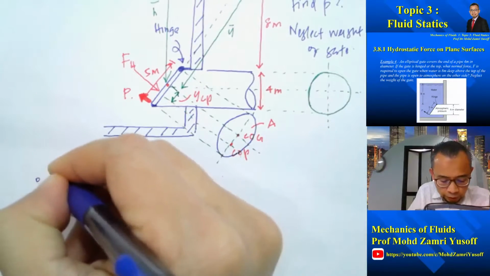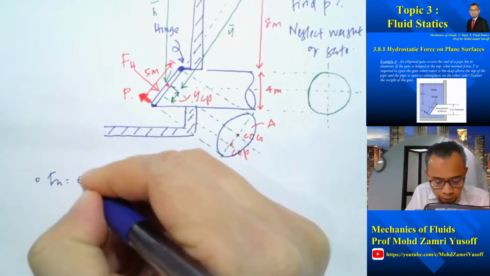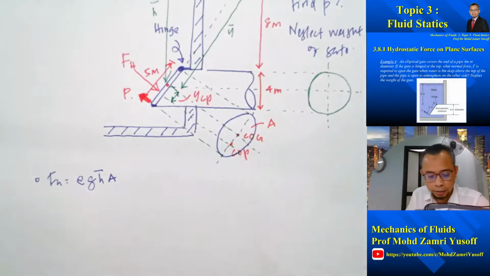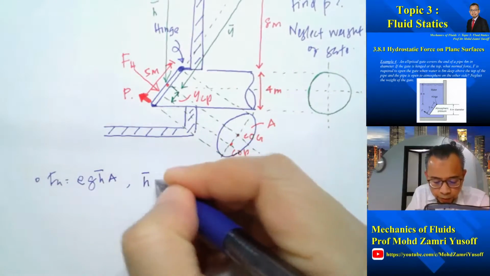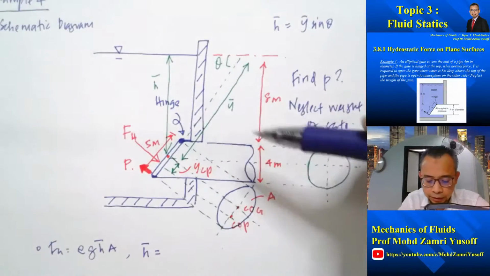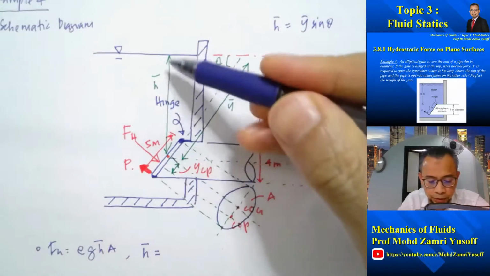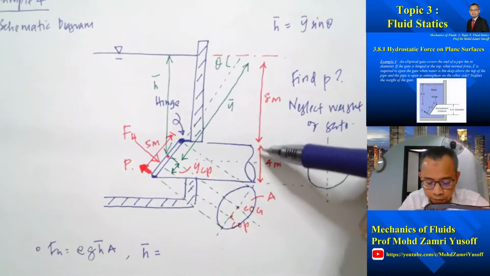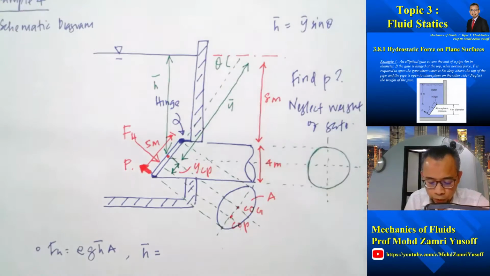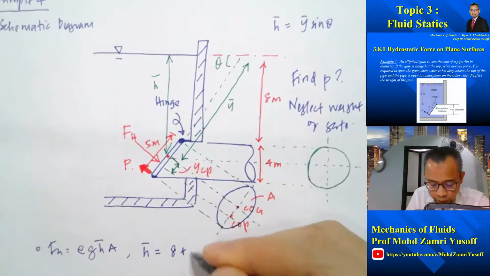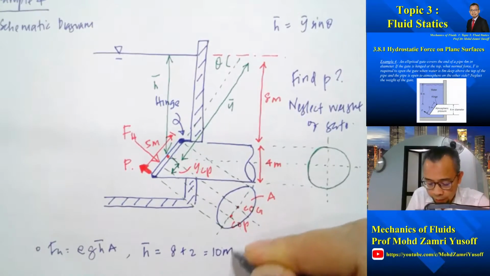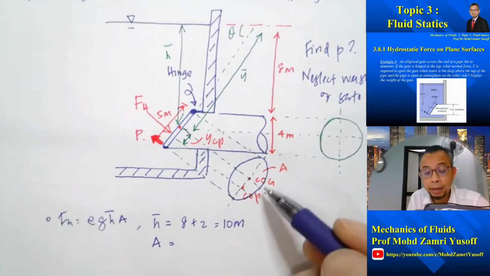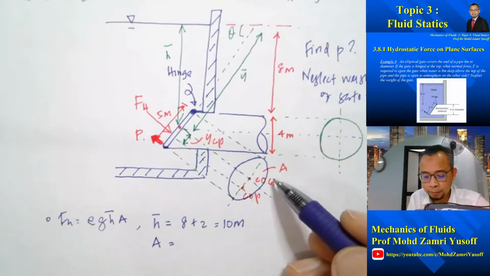FH is equal to rho g H bar A. So what is H bar? H bar is the vertical distance of the COG to the water surface. So we know that this is equal to 8. Halfway through here, this is equal to 2. So 8 plus 2 is equal to 10 meter. What about A? A is area of the ellipse.